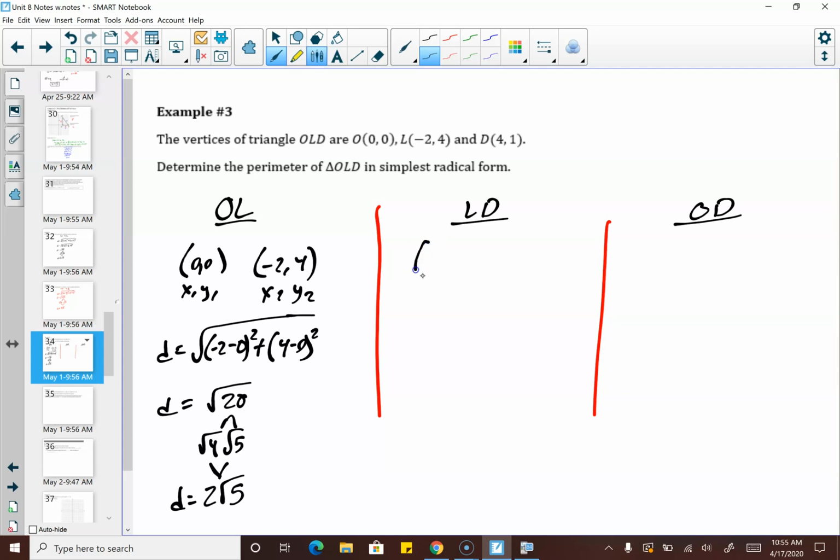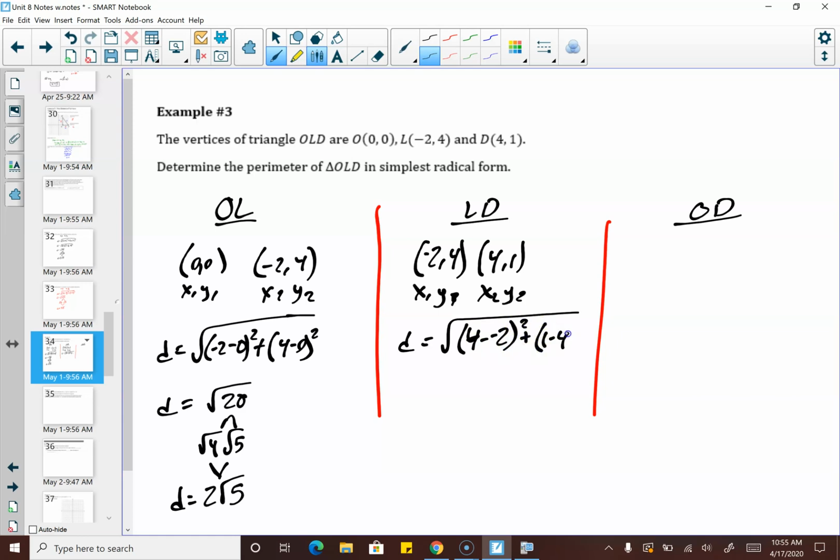As I work with LD, I'll be negative 2, 4, and 4, 1. So with the way I wrote it, it's x1, y1, x2, y2. So D equals 4 minus negative 2 squared plus 1 minus 4 squared.